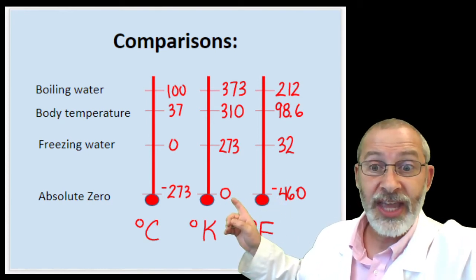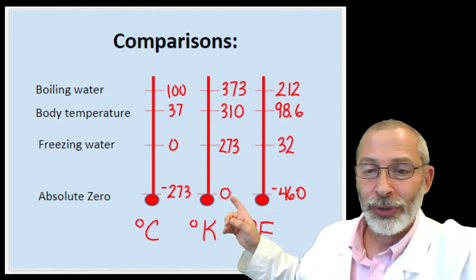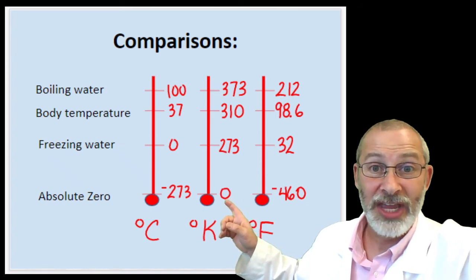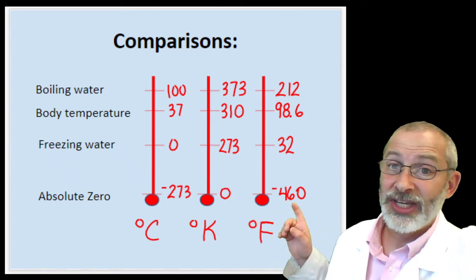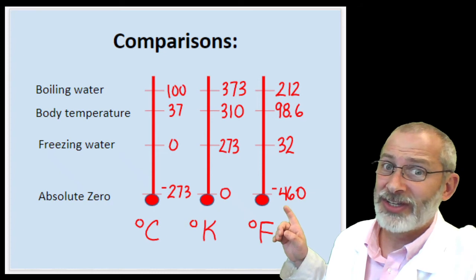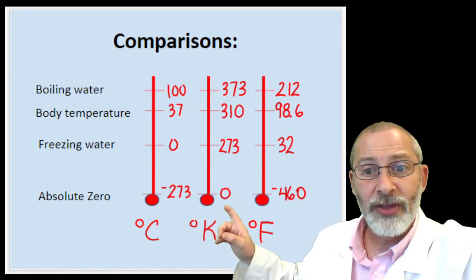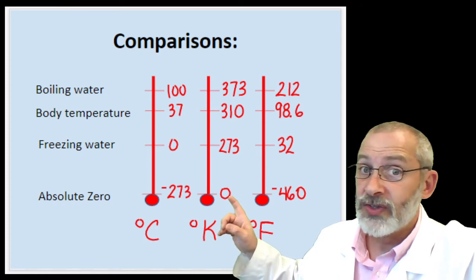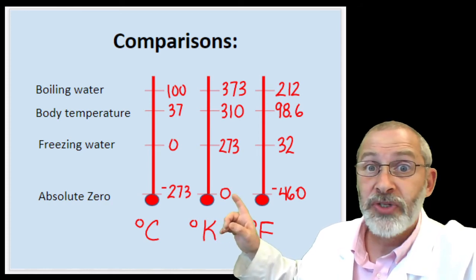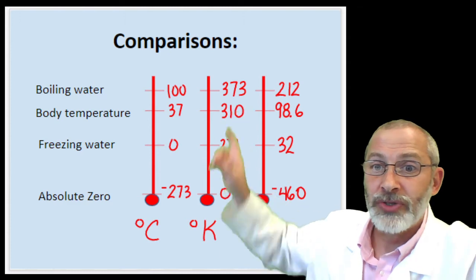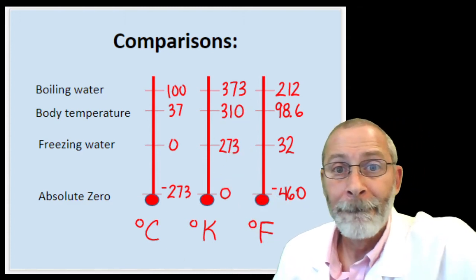Because 0 degrees Kelvin is absolute zero, which is what the Kelvin scale is based on. And you can see that that's minus 460 degrees in the Fahrenheit scale. So the Kelvin scale, the third scale here, is based on 0 degrees Kelvin, absolute zero, and the temperatures increase from there.